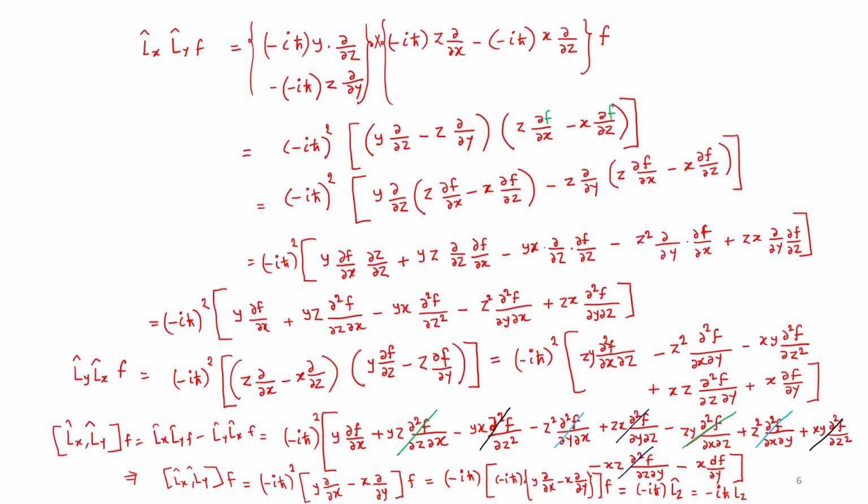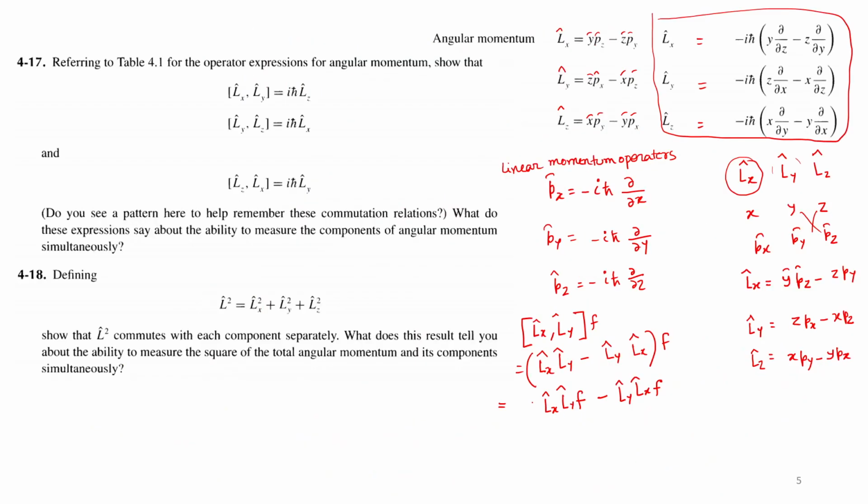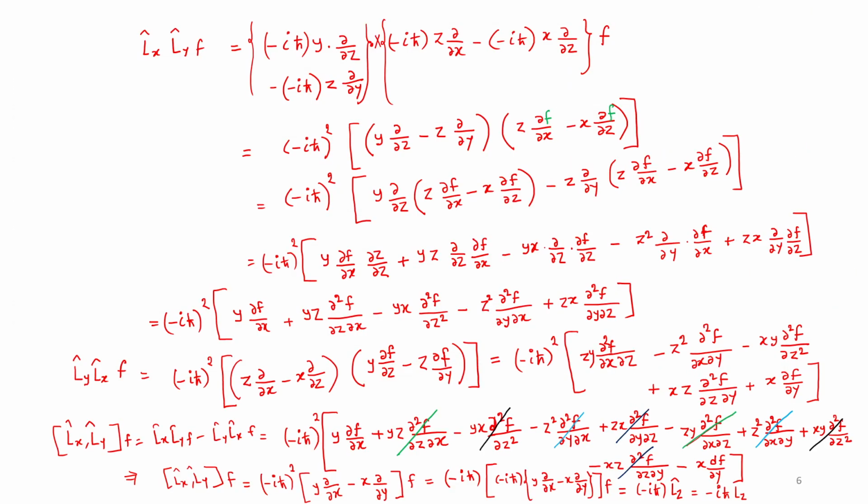Minus iħ y ∂/∂z. Have I written it correctly? Minus iħ. Right? Okay, (iħ) squared, (iħ) squared. I have to multiply it by minus ħ. I have made a mistake somewhere.